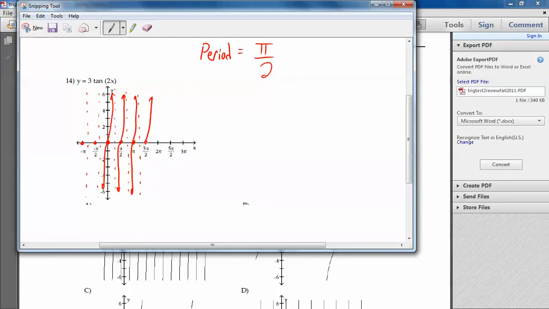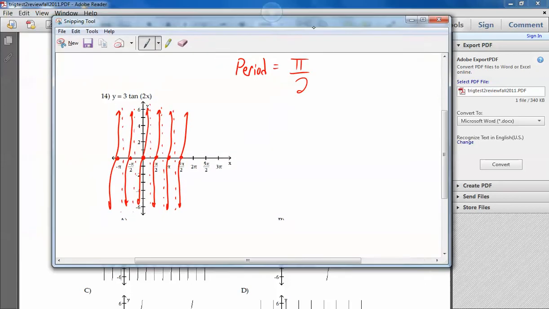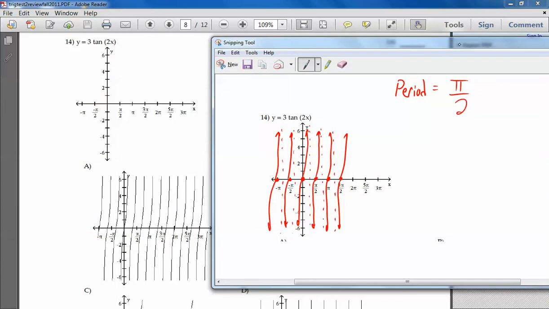Alright, so let's compare this graph that we just came up with to our choices. A crosses at 0, then it also crosses between 0 and pi over 2. That's probably pi over 4. So it crosses at 0, pi over 4.